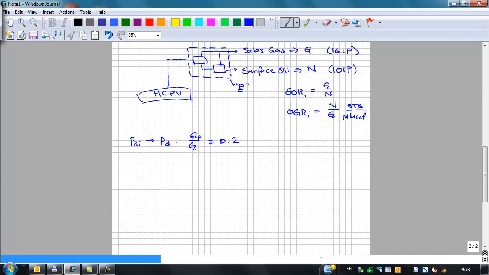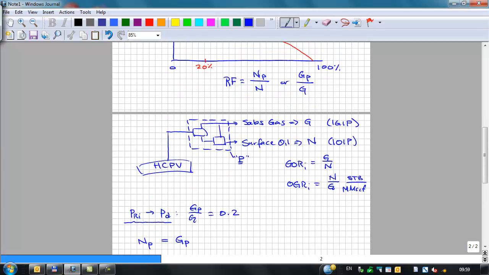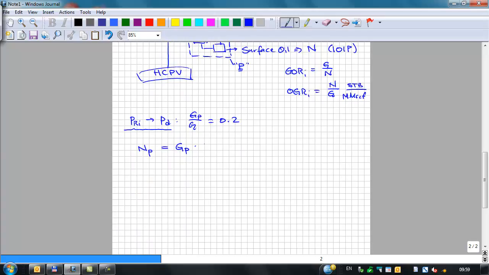Right? But what is NP? What is the producing oil in the same pressure range? The producing oil can be calculated directly from GP. How? By multiplying by this initial oil-gas ratio.